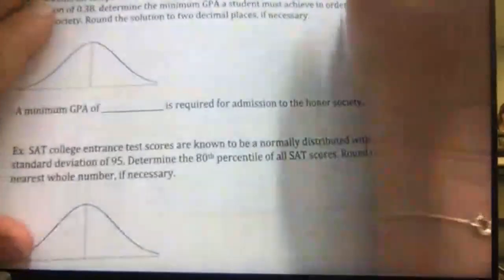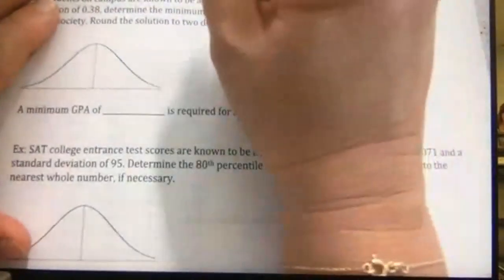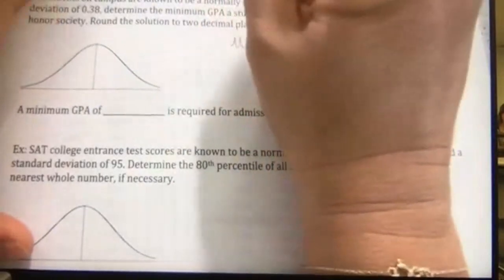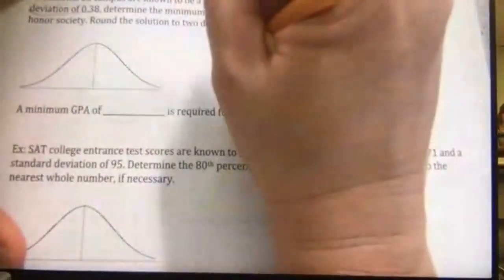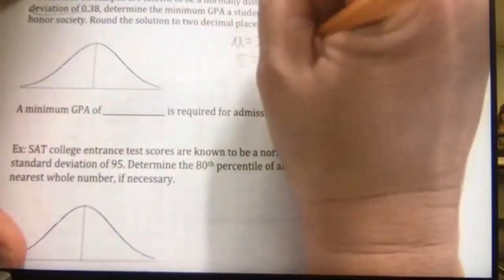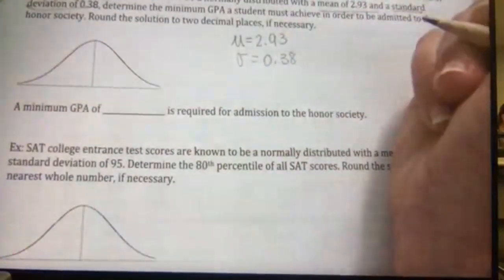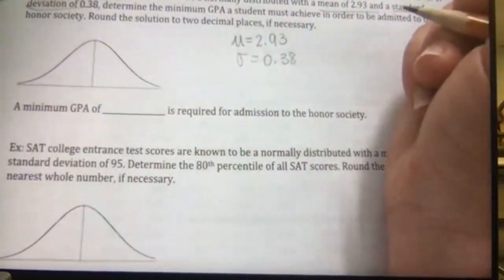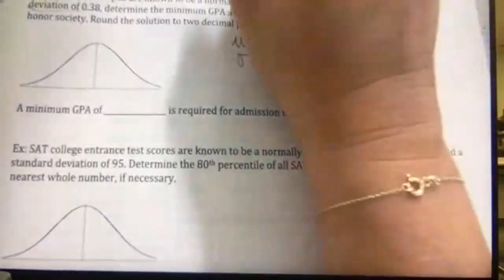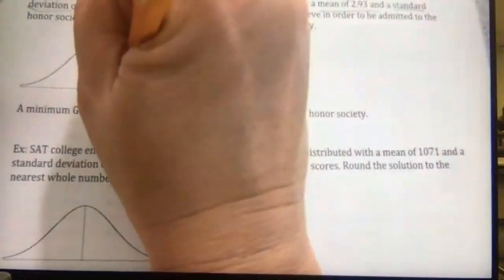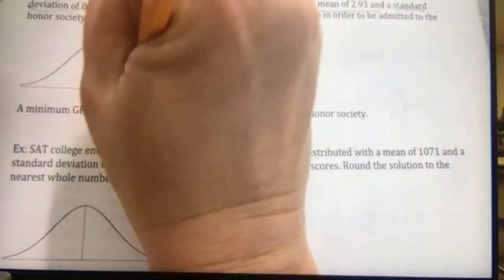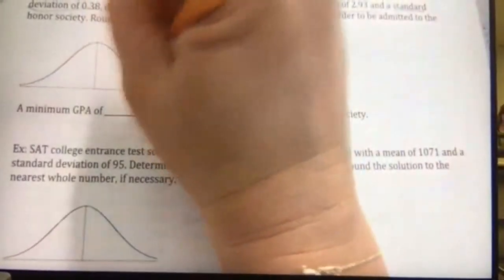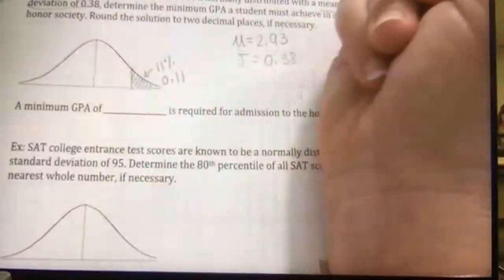So a couple things. It tells us the mean is 2.93 and the standard deviation is 0.38. And it tells us it only accepts the top 11%. So our right tail is going to be 11% or 0.11.